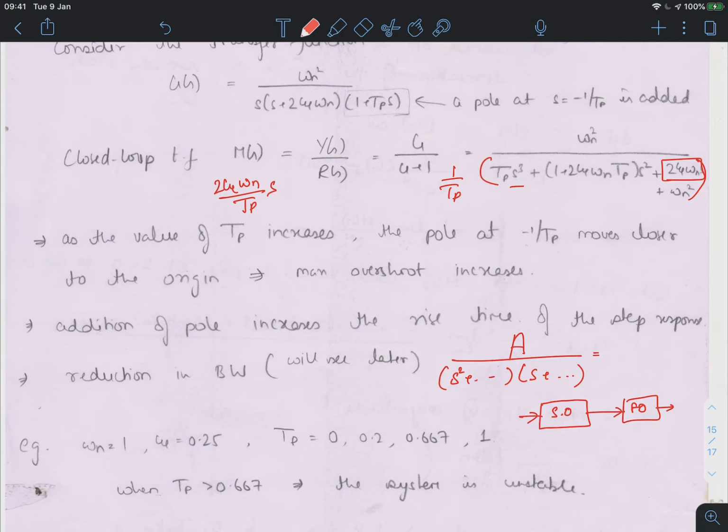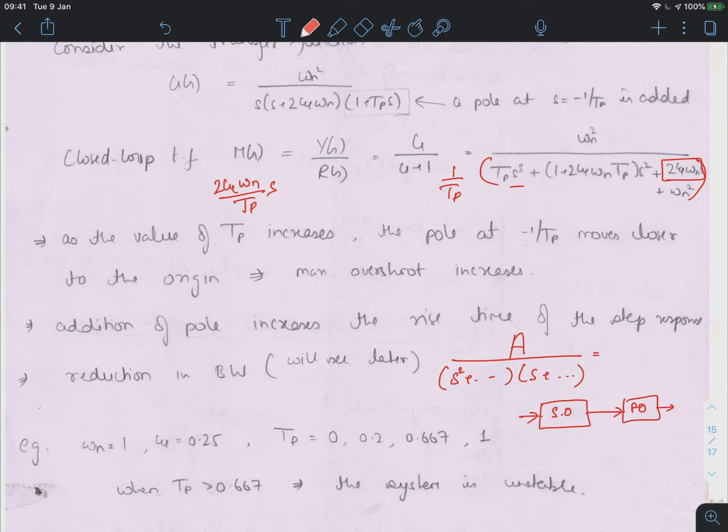In the first order system we have always seen that there won't be any overshoot, but the response will be delayed to reach its steady state value.